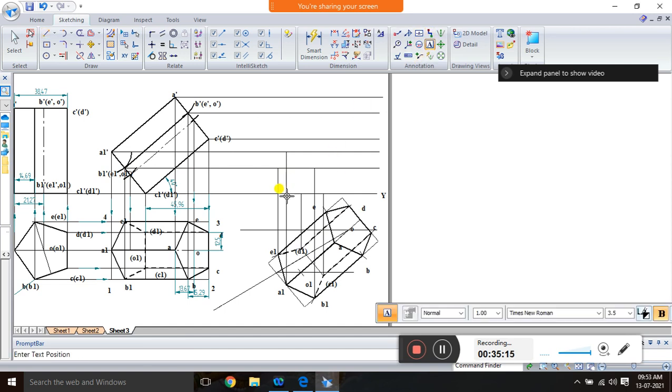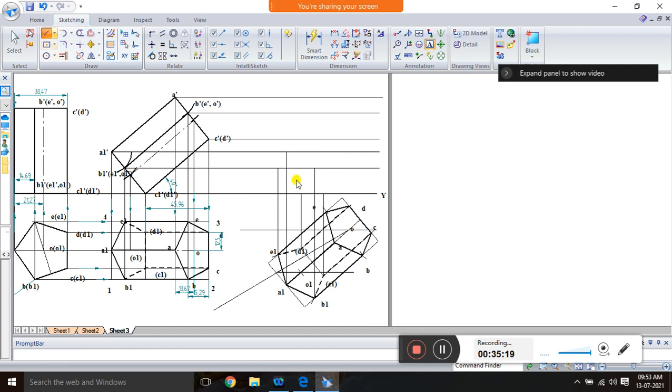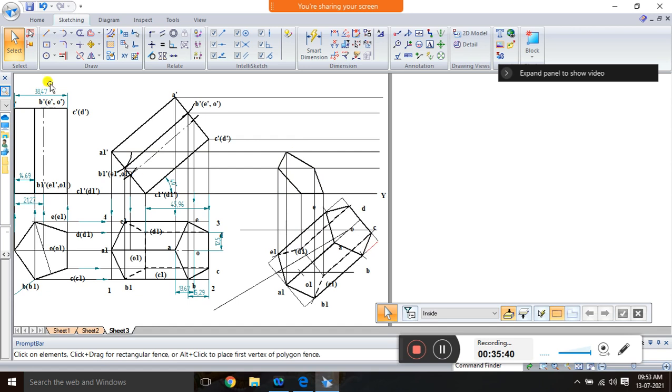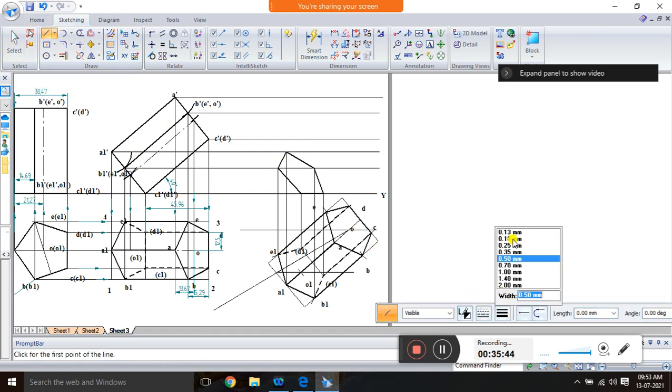Just construct A to B, B to C, C to D, D to E, E to A. This is a visible face. Similarly, you can go with another face here.